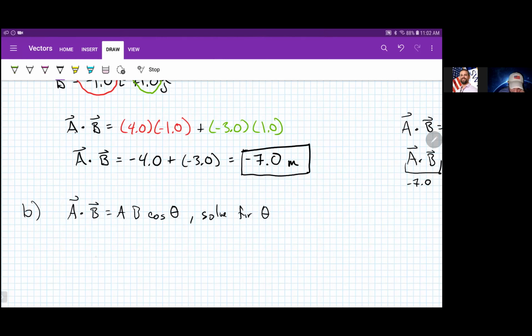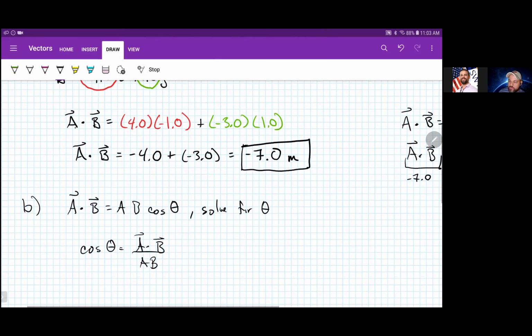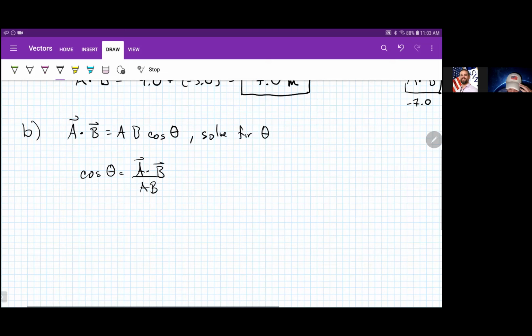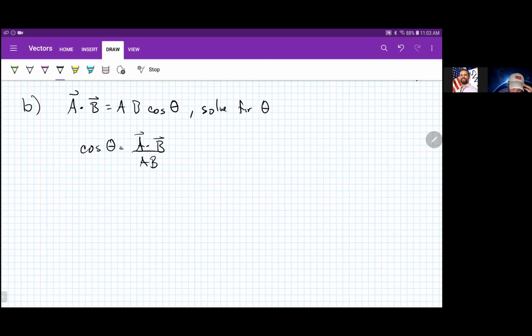So we're going to divide both sides by AB. So we get cosine theta is equal to A dot B divided by AB. Just remember the top one is the vector dot product, which we found in part A, and AB is the magnitude of A times the magnitude of B. Let's finish solving this for theta.